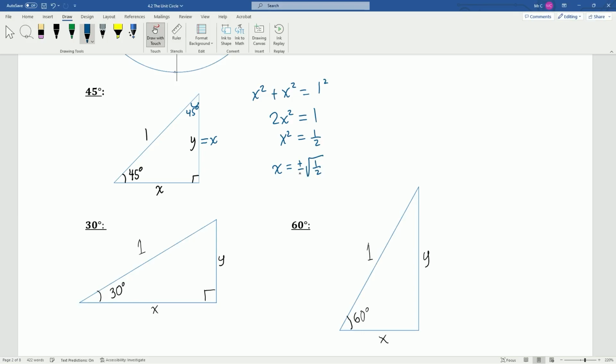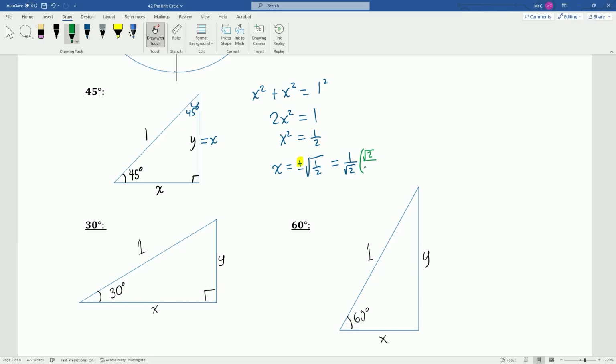But negative here doesn't make sense because we're talking about the length of a side of a triangle. So we're just going to look at the positive root. And the square root of 1 is 1, so this is 1 over root 2. Now this is actually perfectly fine, but typically the way you'll see this written is rationalized.